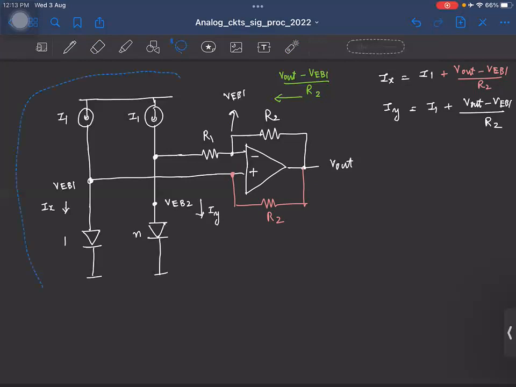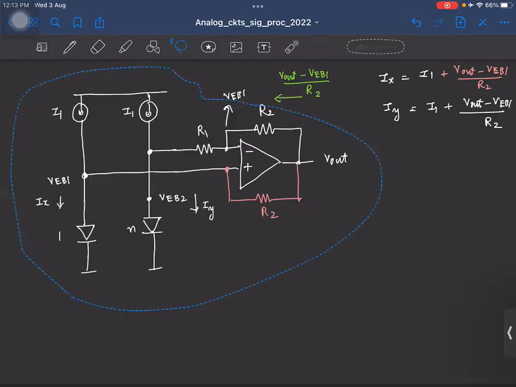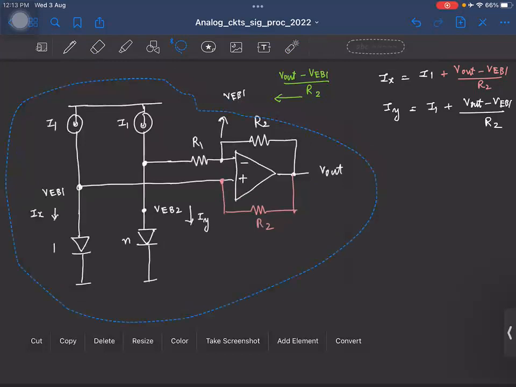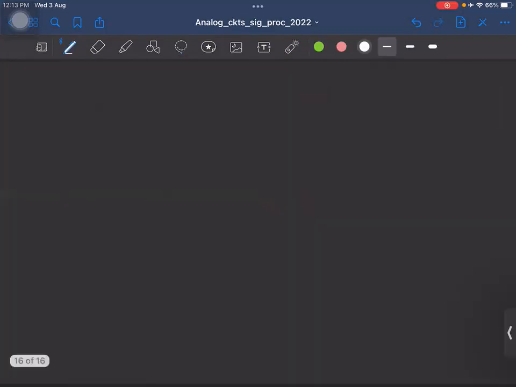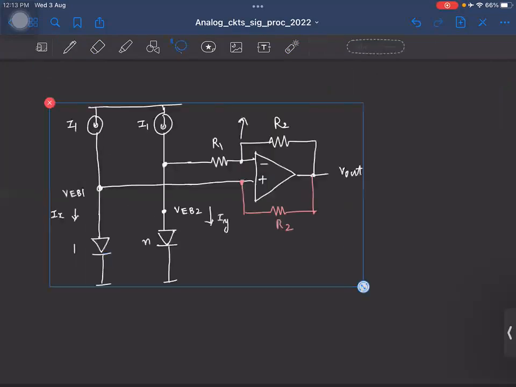So let me copy paste this for now. Okay. So let's see if we can simplify this circuit further. Can you stare at this circuit and tell me if there are some redundant elements here?